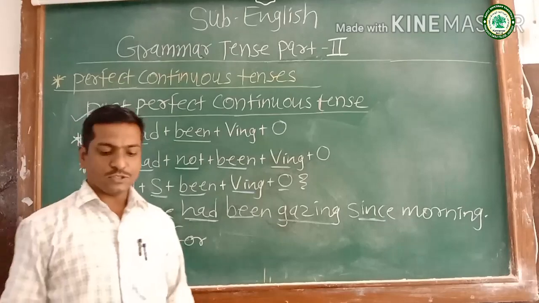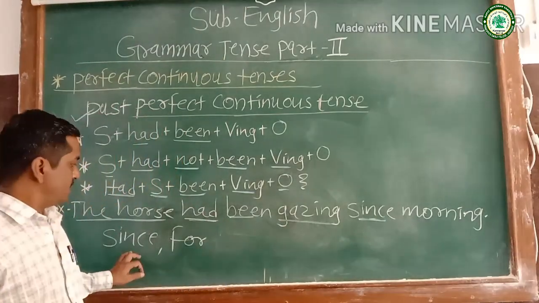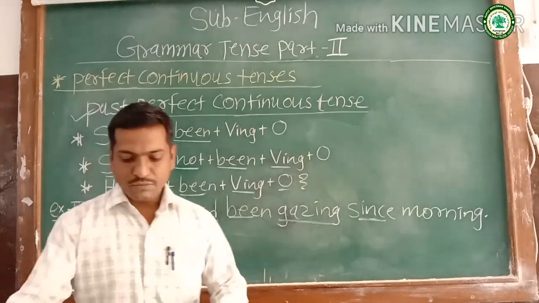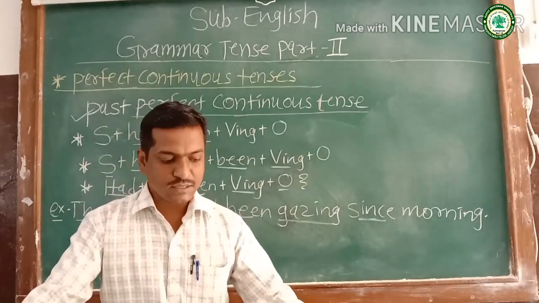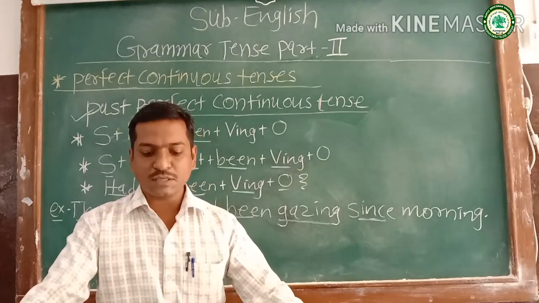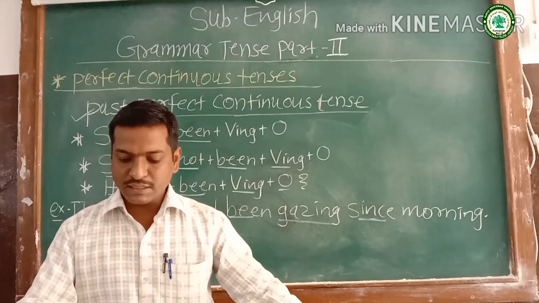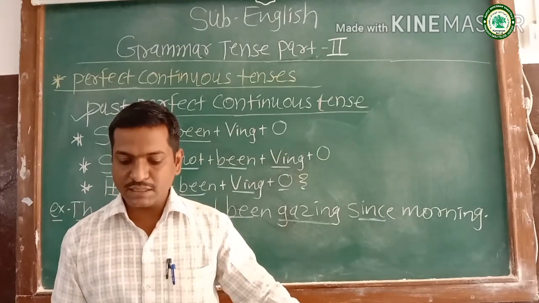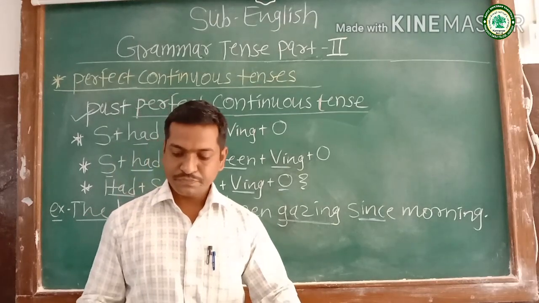There are some keywords used in this tense. The keywords are since and for. When the action is happening from the past and it is still continuing for a long time, we use this tense. Now the next and the last tense is future perfect continuous tense.